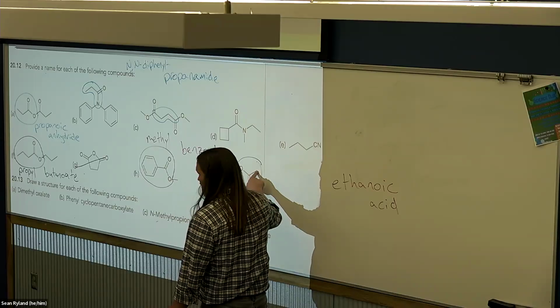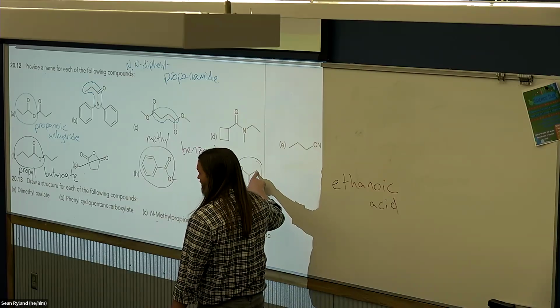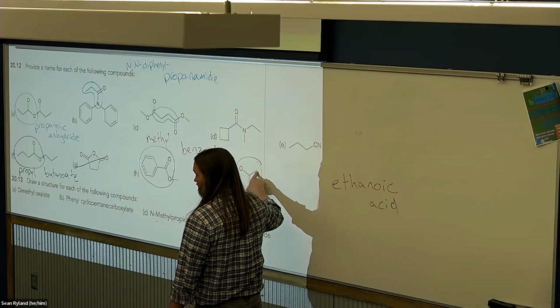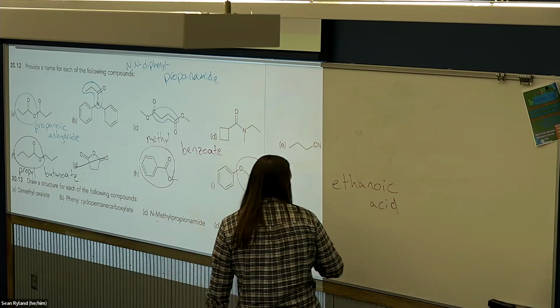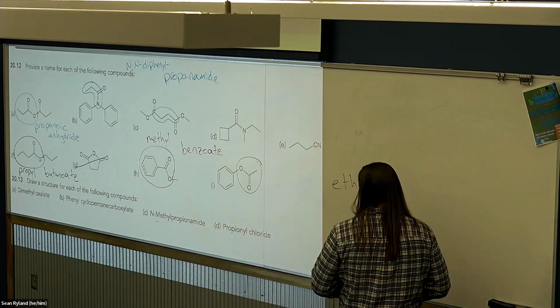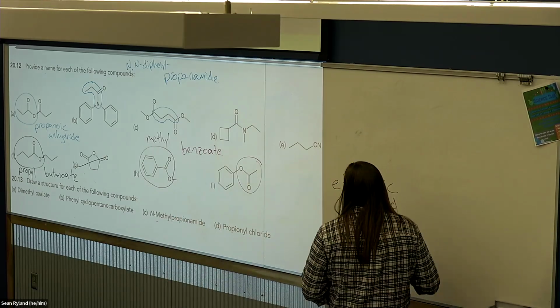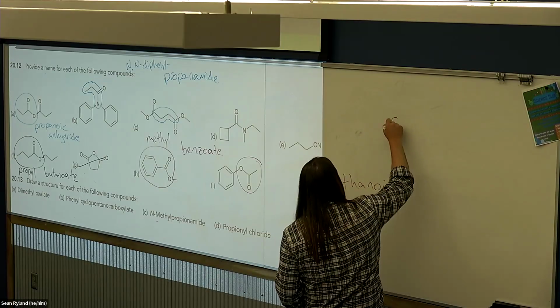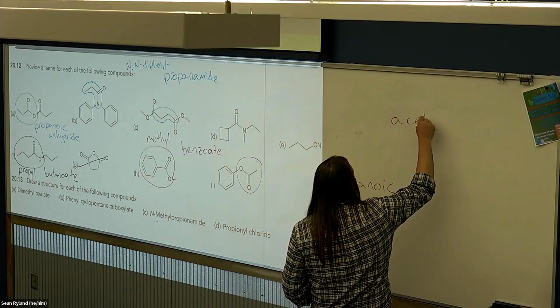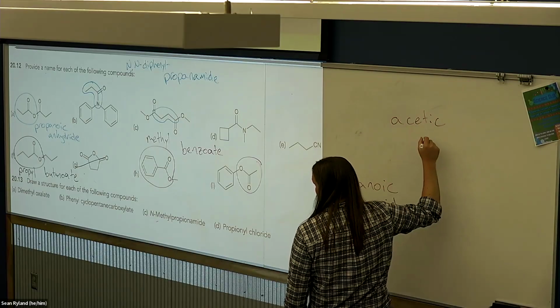Ethanoic, because it's got 2 carbons, right? So the ethane, drop the E, put oic acid. If we're going to deprotonate it, it's not ethanoic. I'll write both of them up there. The common name would be acetic acid.